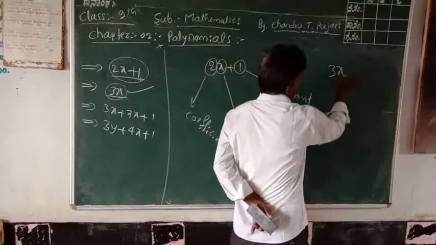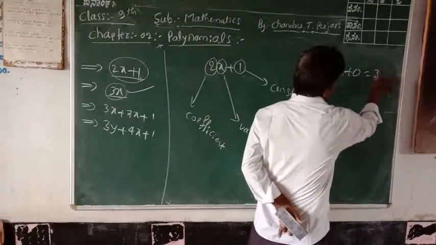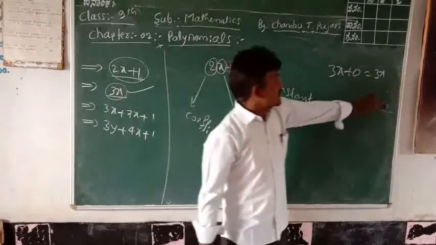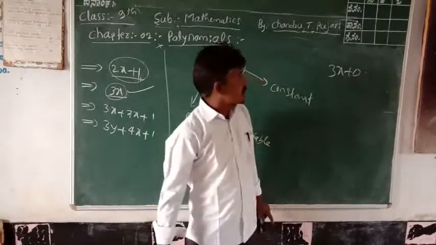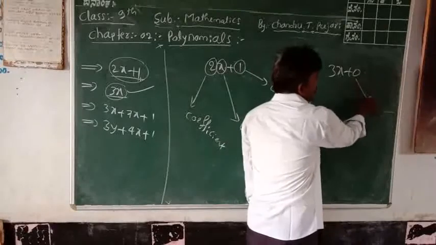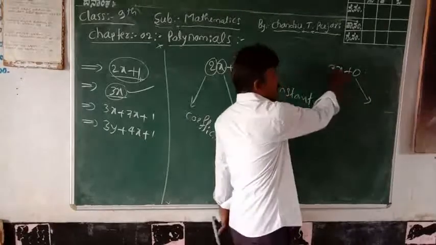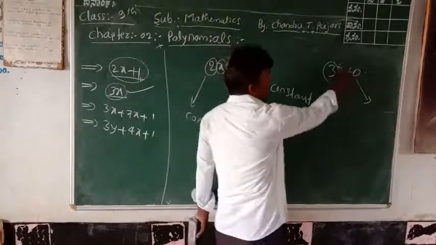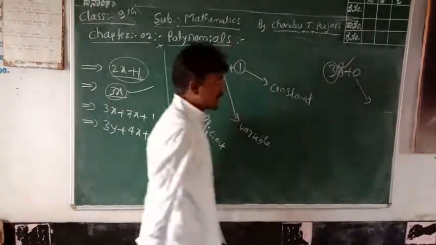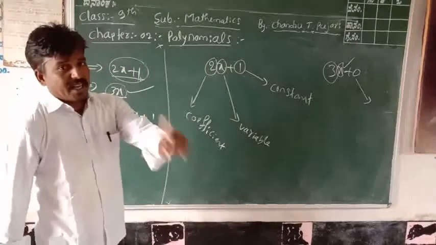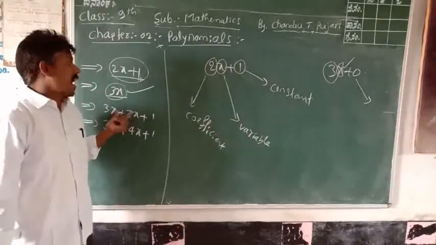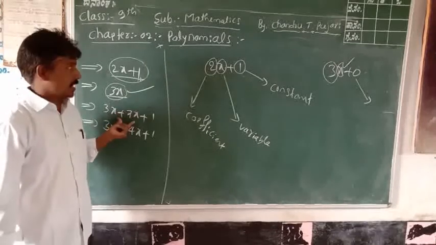For example, 3x plus 0 is equal to 3x, the same as it is, no problem. So in this algebraic equation the constant is 0, the coefficient of x is 3, and our variable is x. Every algebraic equation has variables, coefficients, and constant terms.